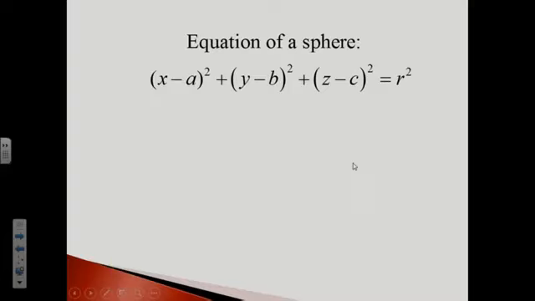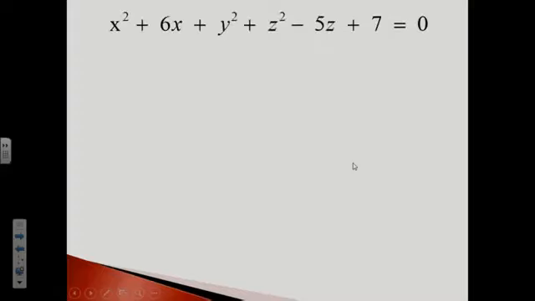Thus, r equals the square root of (x minus a) squared plus (y minus b) squared plus (z minus c) squared, implying the equation of the sphere is (x minus a) squared plus (y minus b) squared plus (z minus c) squared equals r squared.